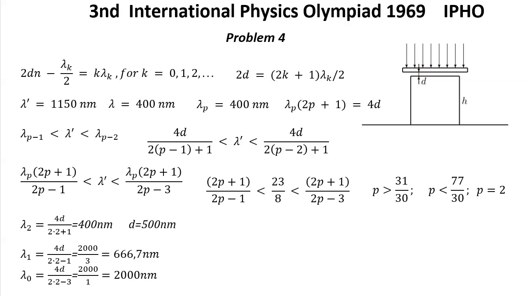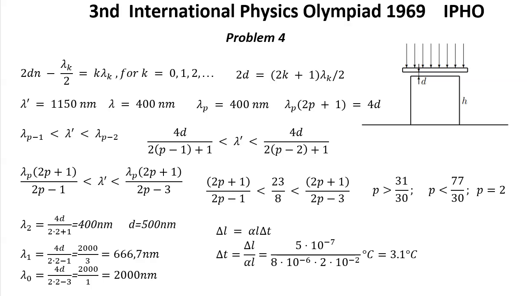666.7 nanometers. And the last thing is to find the change of our temperature, because total delta L equals alpha multiplied by L multiplied by delta T. Here we have delta L equal 500 nanometers, alpha is our coefficient of expansion, L is our 2 centimeters, and delta T we have to find.